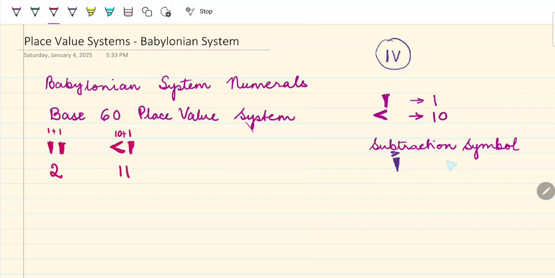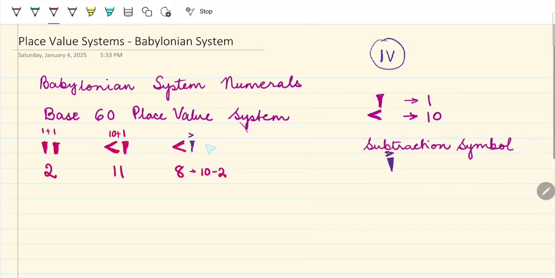What about another number that used subtraction? The number 8. 8 would be formed using the subtraction operation. 10 minus 2 is 8, correct? So the way they would write that is they would first put their symbol to represent 10, and then they would use their subtraction symbol to indicate that the value is 10 minus, followed by two of these vertical lines representing 1.